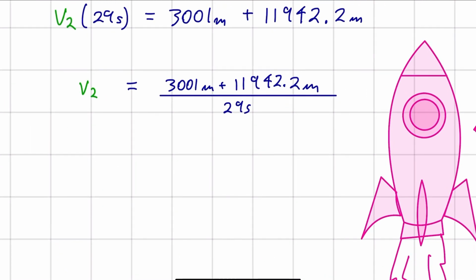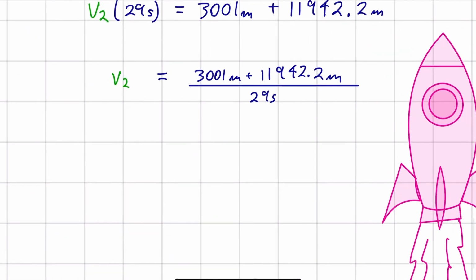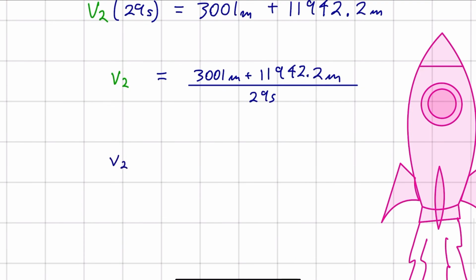Now I hope you can see these units lining up. We got a velocity and our units are lining up to be meters over seconds, so that is always exciting. That's exactly what we're hoping for. Now we just have to type this into the calculator. It'll give us an answer of 515.2827586... It goes on forever, meters per second.